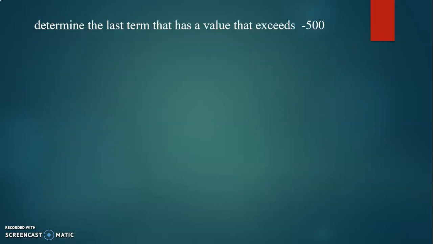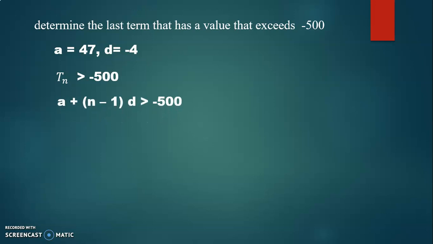Determine the last term that has value exceeds negative 500. a is 47, d is negative 4. That means the Tn 大过 negative 500. This is the one，它的意思，所以它要找那个 n 是哪一个 term 开始大过 negative 500. So you form an inequality.